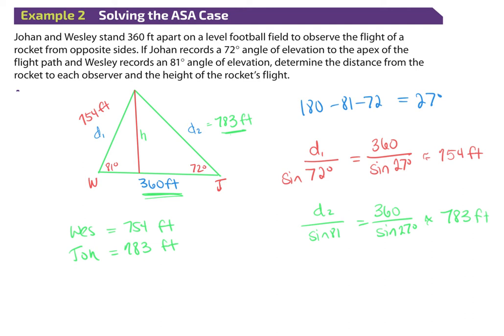So you could say the sine of 72 equals the height over 783, or you could say the sine of 81 equals the height over 754. Either one of those will give you your answer. And so, all right, approximately 745 is how high the rocket went.